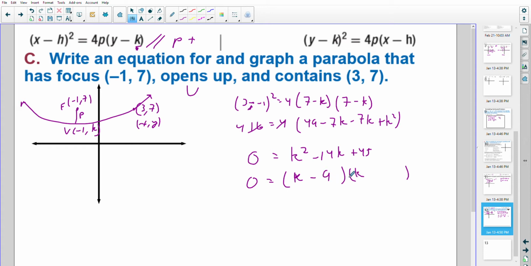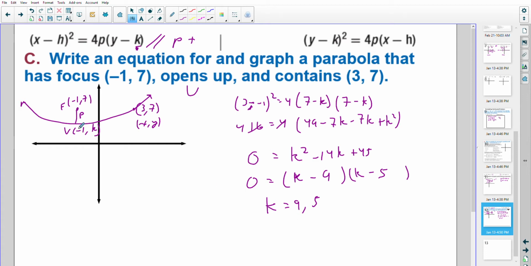And so that's going to be minus 5 and minus 9, which will give you minus 14k, which means that your k can actually equal 9, or it can be equal to 5 in this particular case. There are two answers that exist.